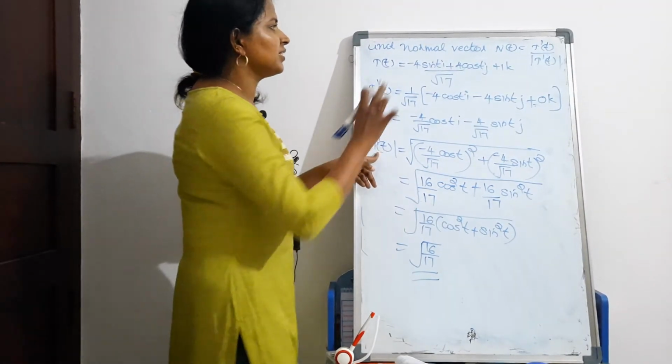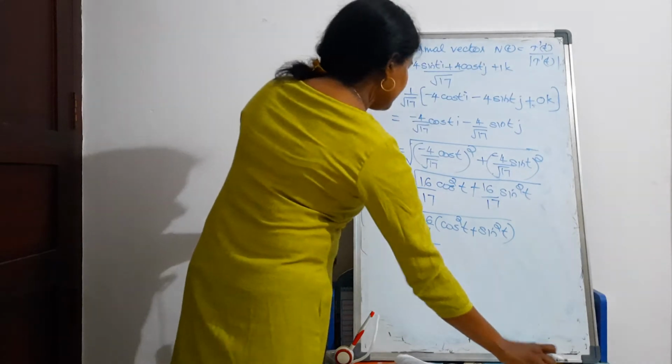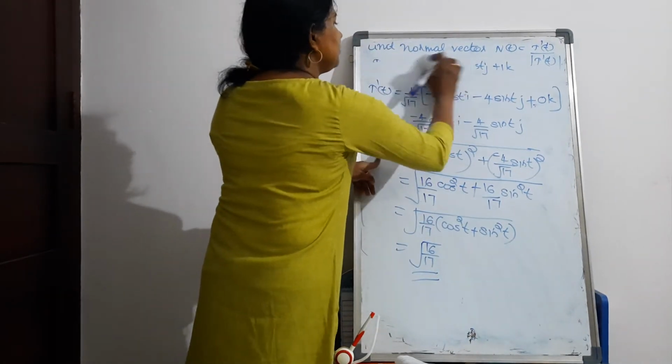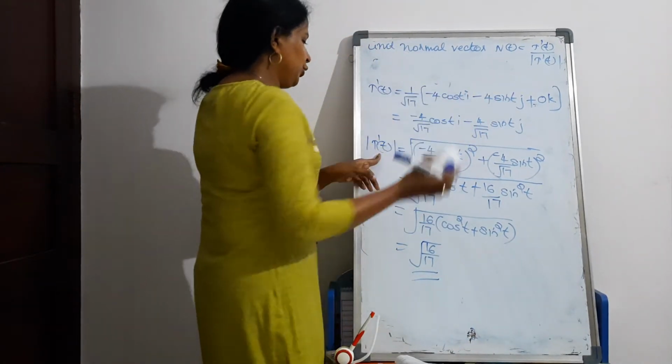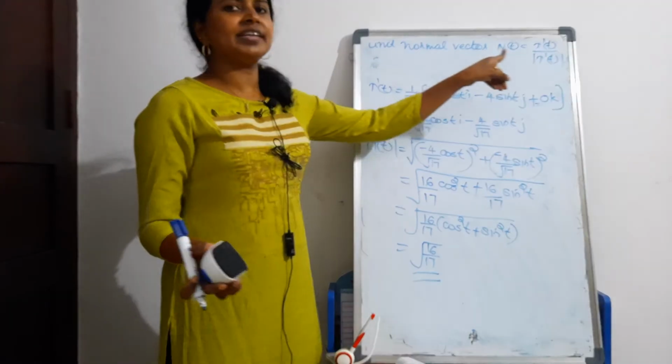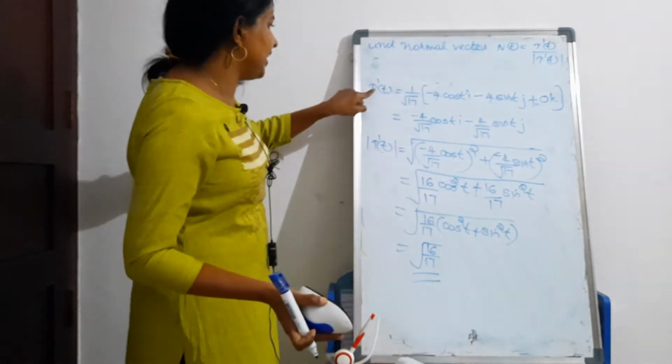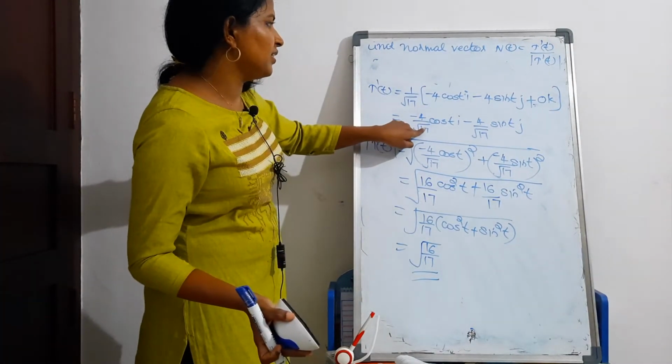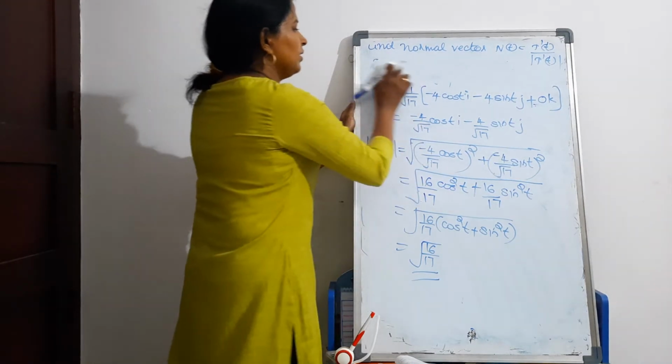Then what is N of t? The unit normal vector is T dash t by mod T dash t.